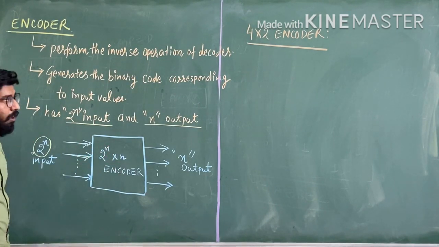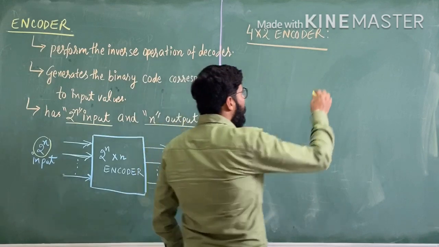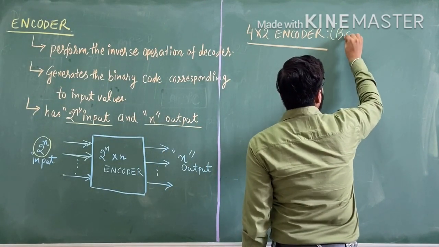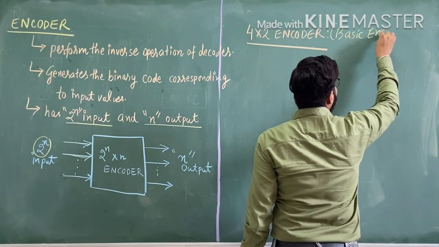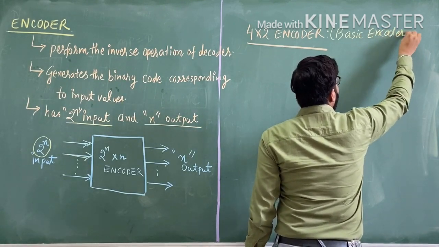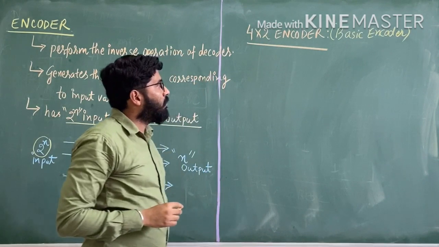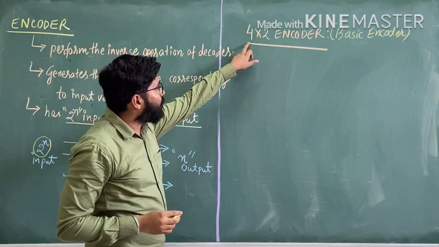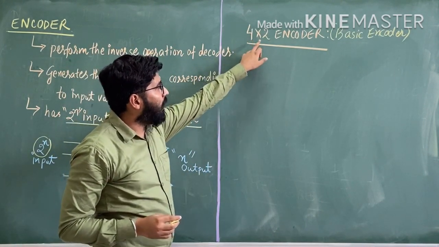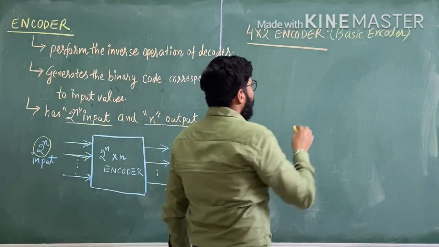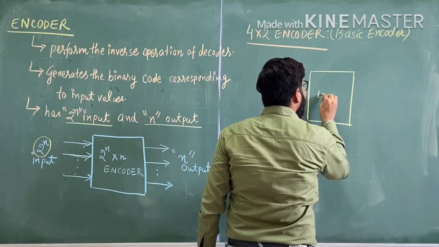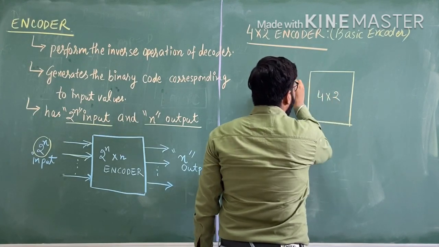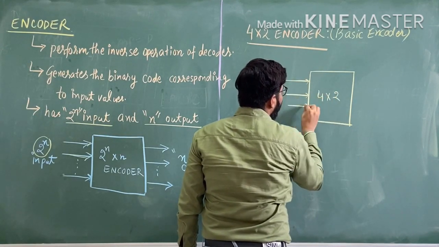Now we develop a basic encoder, that is the 4 cross 2 encoder. In the input we have 4 input pins, and in the output we have 2 pins. Suppose this is the block diagram. We have 4 cross 2. We have 4 inputs here.